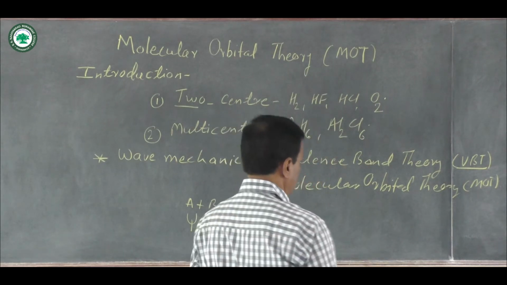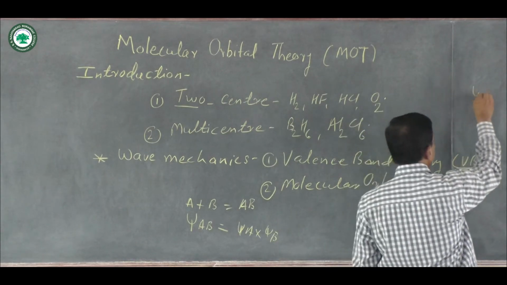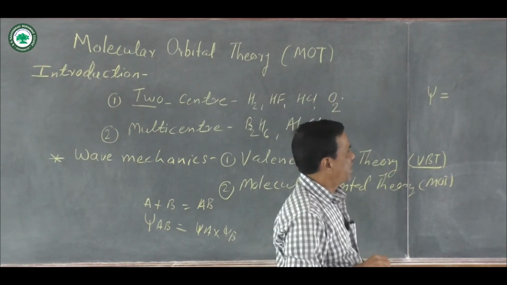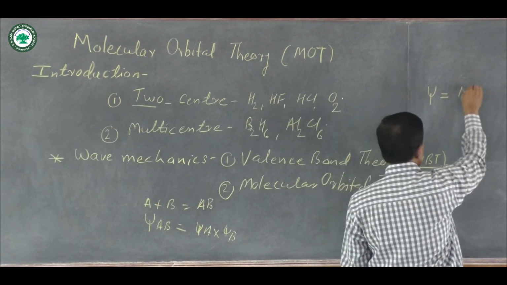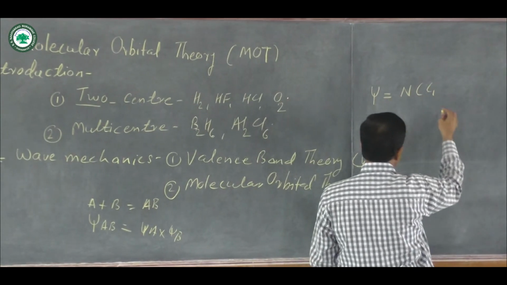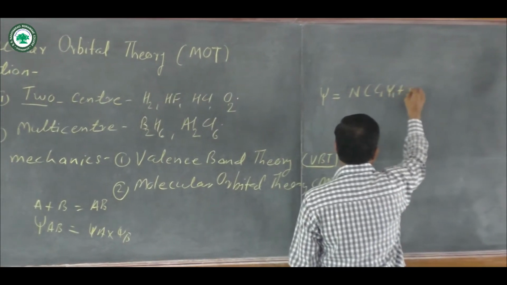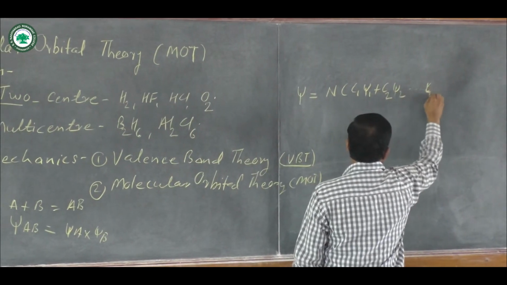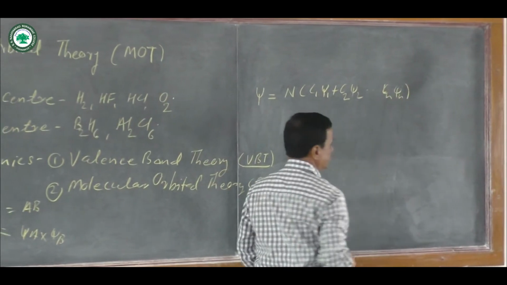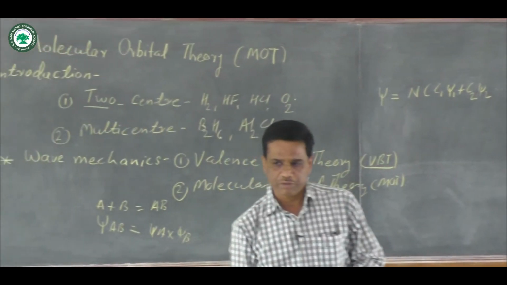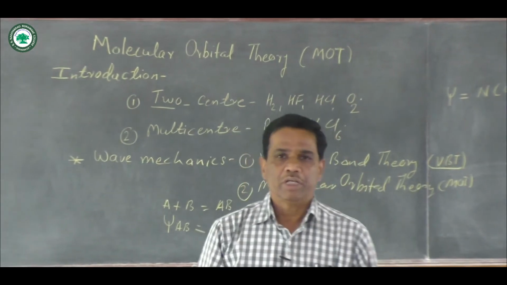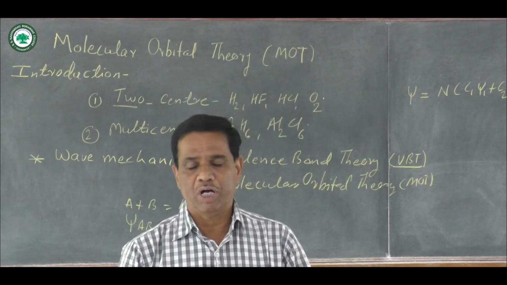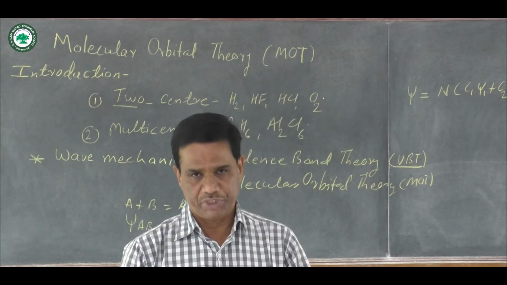In another way, here psi is the wave function of the molecule formed from the atoms, and psi is equal to N into C1 psi 1 plus C2 psi 2 up to Cn psi n, where psi is the wave function, capital N is the normalization factor, and C1, C2 up to Cn are the various coefficients.